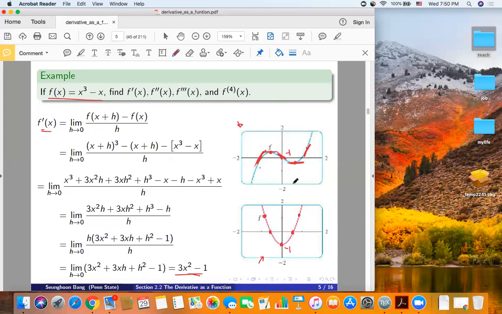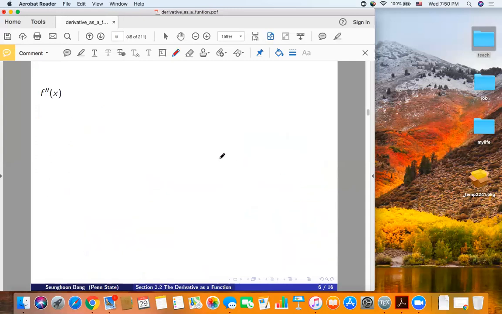Next, the second derivative. How can you find the second derivative? You can use the definition: the limit of f prime of x plus h minus f prime of x over h. So what's that? f prime of x is, from the previous page, 3x squared minus 1. This is a limit as h approaches 0, the same.